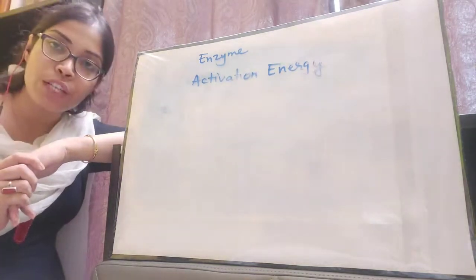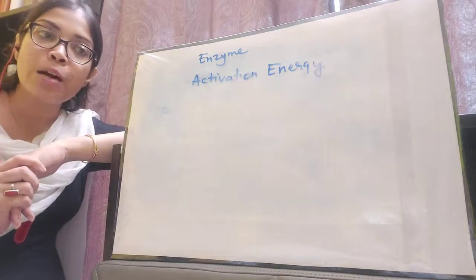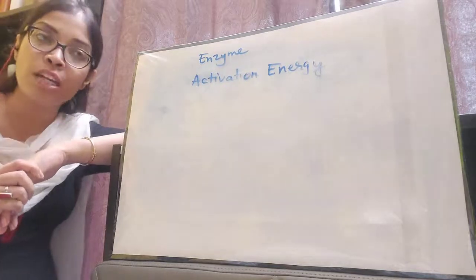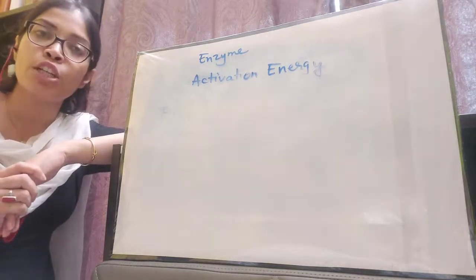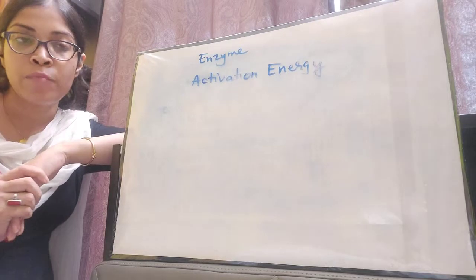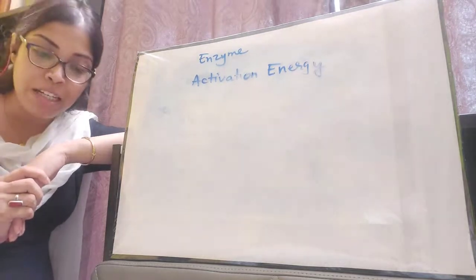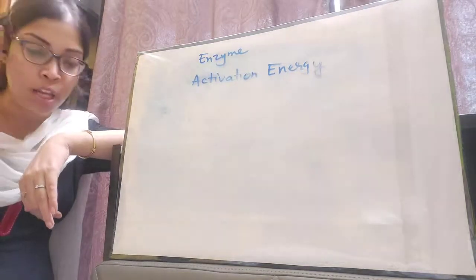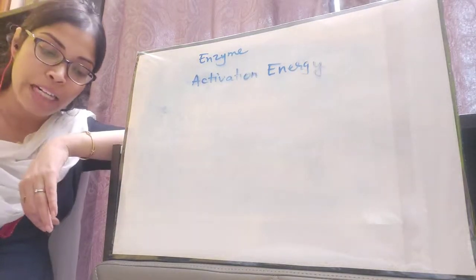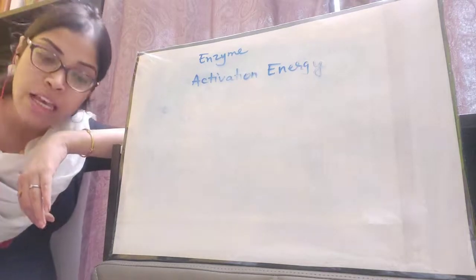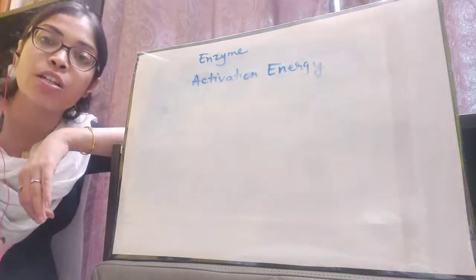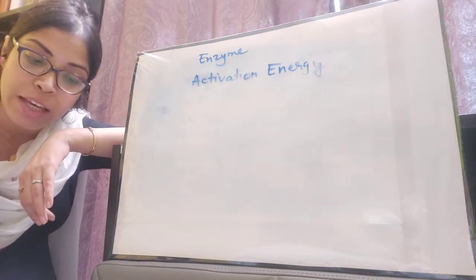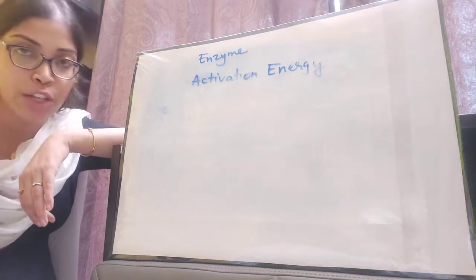From the name activation energy you can understand that it is some kind of energy required to activate something. So to activate what? In case of enzymes, the molecules need to be activated so that they can take part in the biochemical reactions taking place within the living cells. So activation energy is the energy needed to activate the molecules taking part in the biochemical reaction.